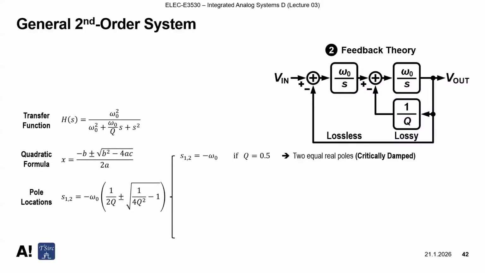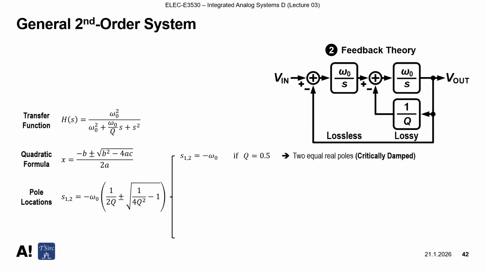So we have this kind of specialty when we think about our pole locations. This is a result of the quadratic formula, right? If this inner term is negative, then it becomes imaginary pole locations, right? So we need to think about it. First of all, if we take a Q factor equal to 0.5, then the inner term of the square root becomes 0, and 2Q becomes 1.